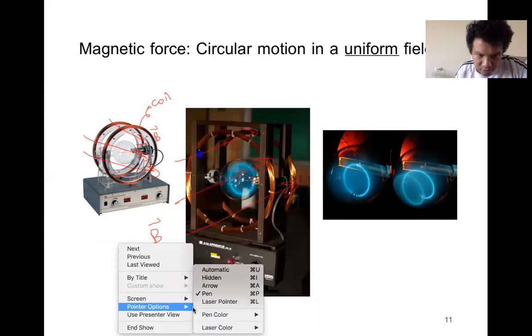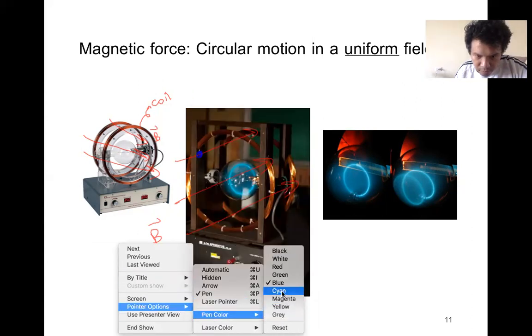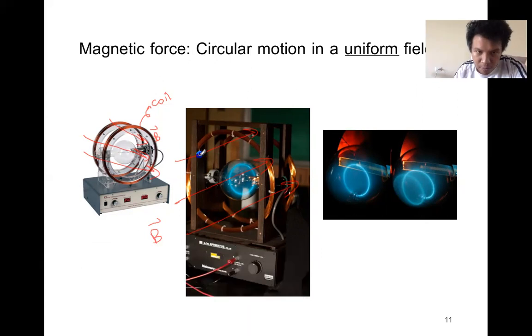Let me change to light blue. We tend to move in one direction that is perpendicular, making a right angle or 90 degrees with the magnetic field, and then there will be a force FB that acts on the electron and makes it curve.